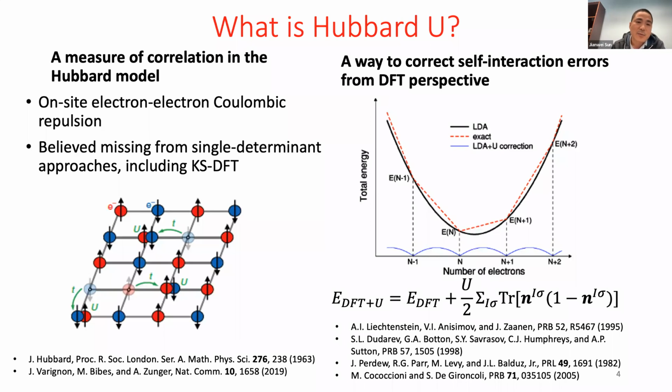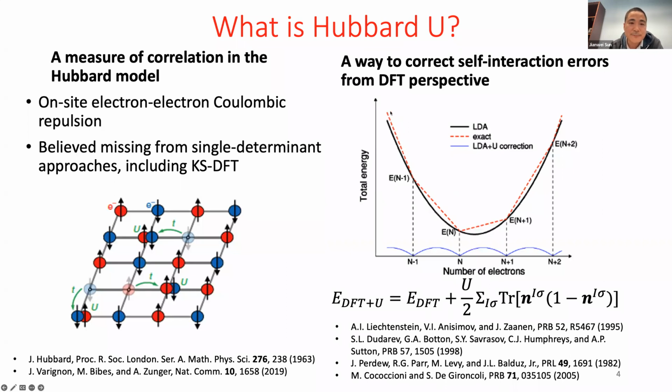Basically, we know that for a system with an integer number of electrons, in exact DFT, you can define these points. But when you allow the electron number to be fractional, the energy as a function of the electron number should be piecewise linear segments connecting these integer points.